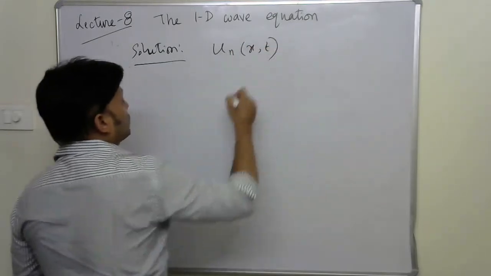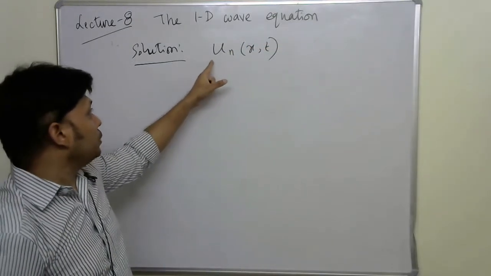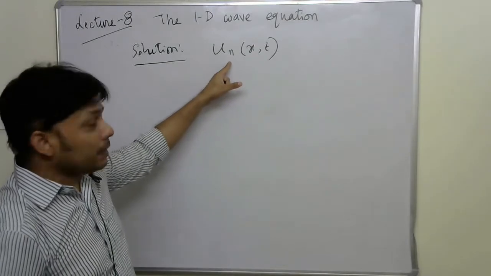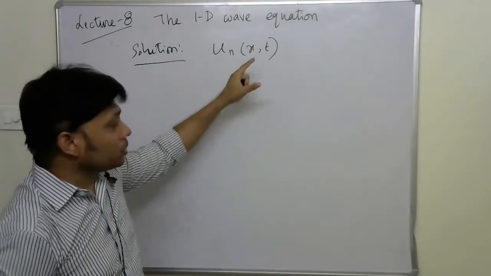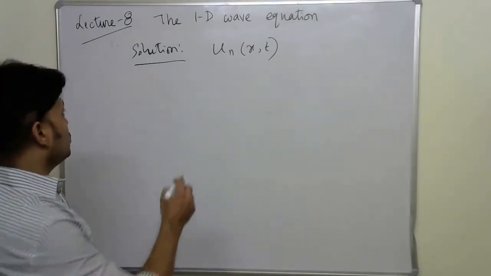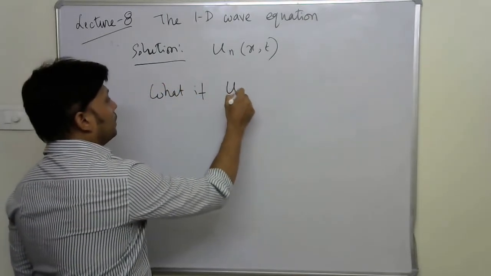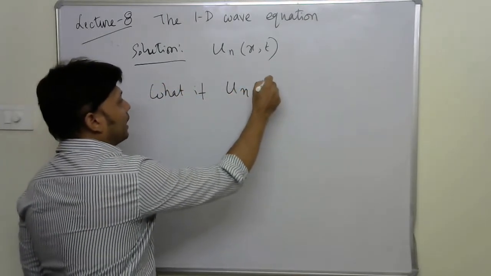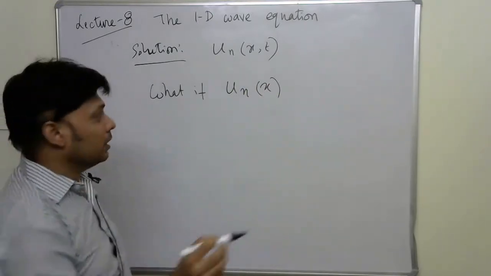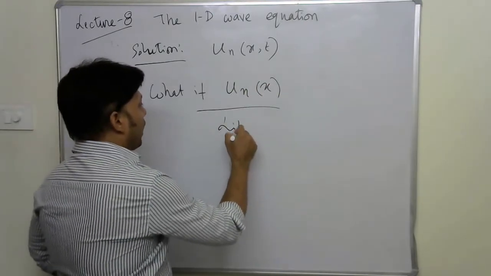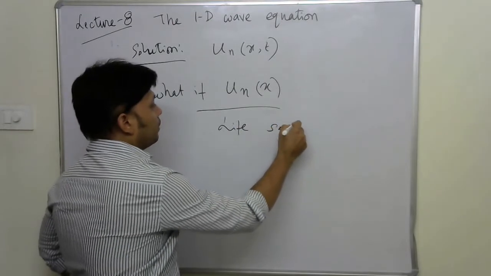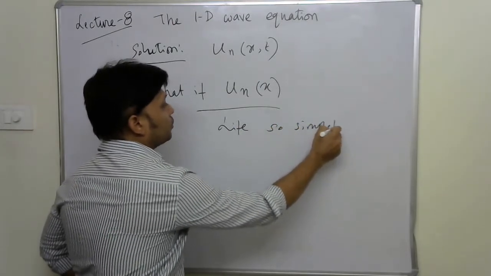You must agree, that is the amplitude function dependent on n and is a function of x and t. So what if we had to deal with un only as a function of x, not of t? Our life would have been so simple.